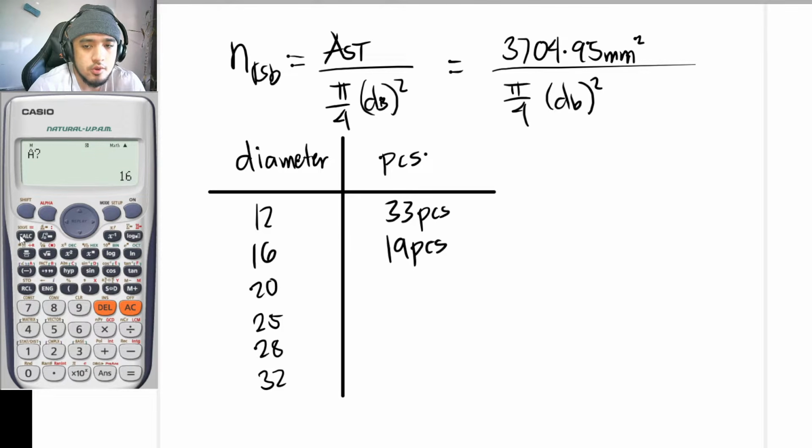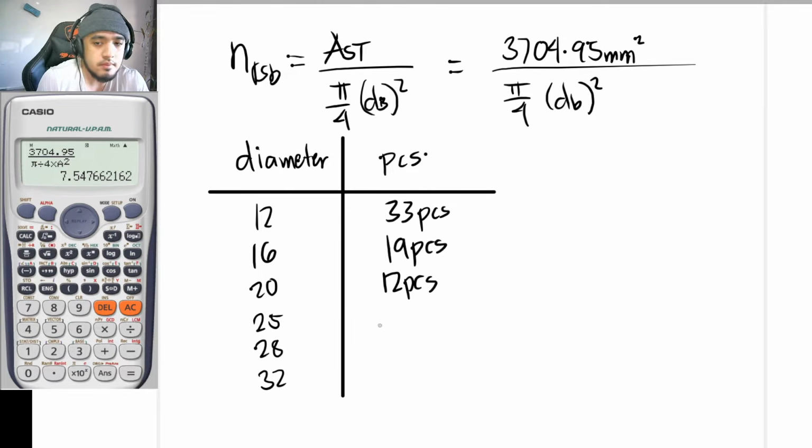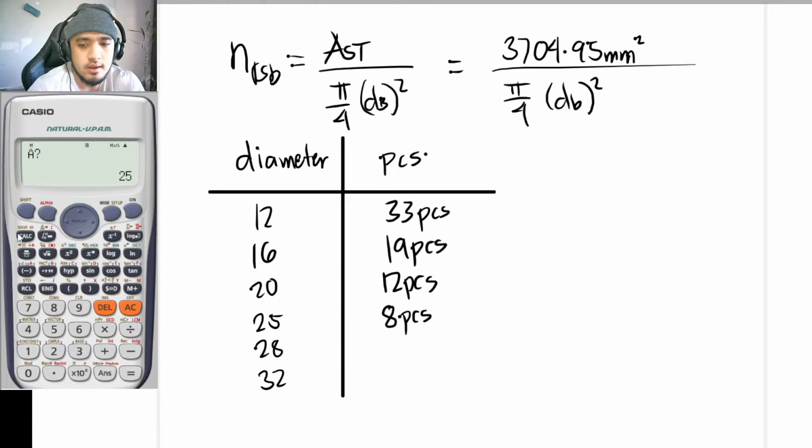For our 20 mm, we are required to have 12 pieces. For our 25 mm, we are required to have 8 pieces. For our 28 mm, we are required to have 6 pieces.